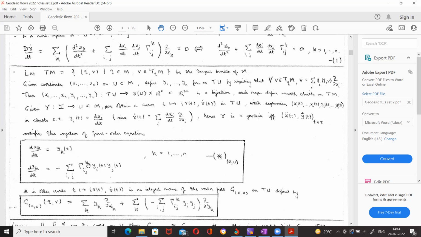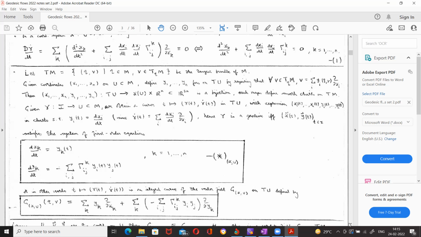This is similar to what you might have learned in school, how to transform a second order equation, let's say just one, into two first order equations, by introducing a new variable y equal to x prime. That becomes your first equation, and then the equation involving x double prime becomes an equation in terms of y prime, so it becomes first order. You get two first order equations. That's essentially what we're doing here. We're converting this second order equation in M into a first order equation in the tangent bundle.